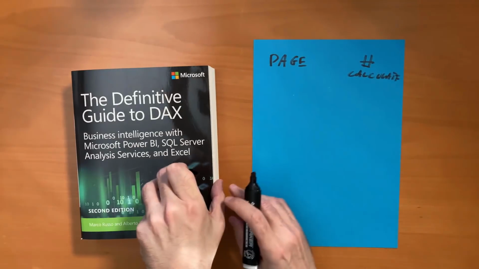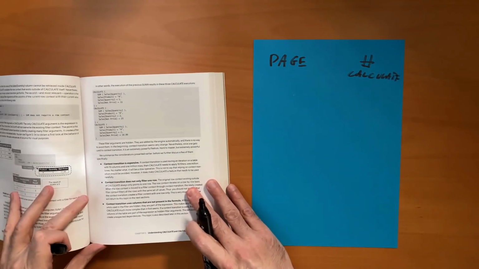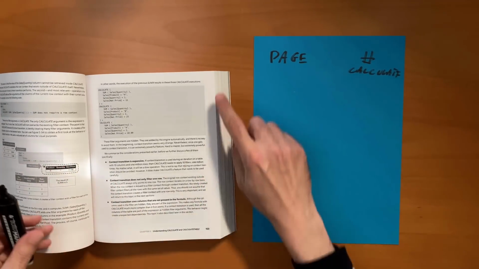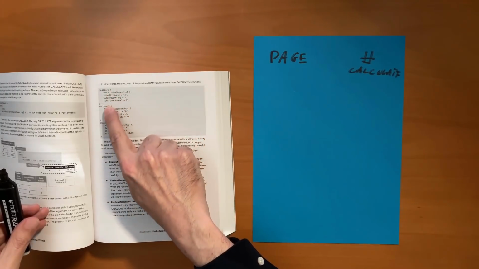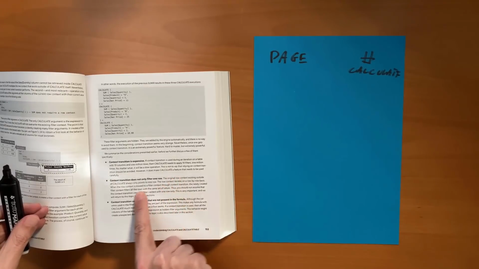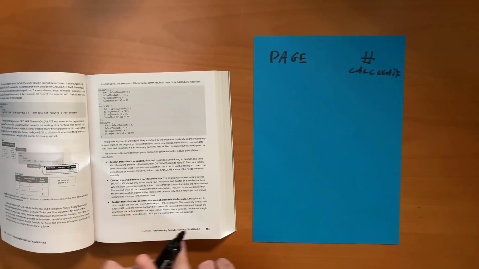So let's start. I go to a page here, I open a page, and I have to repeat this for every page, and I scan the content: 1, 2, 3, 4, 5, 6, 7, 8.